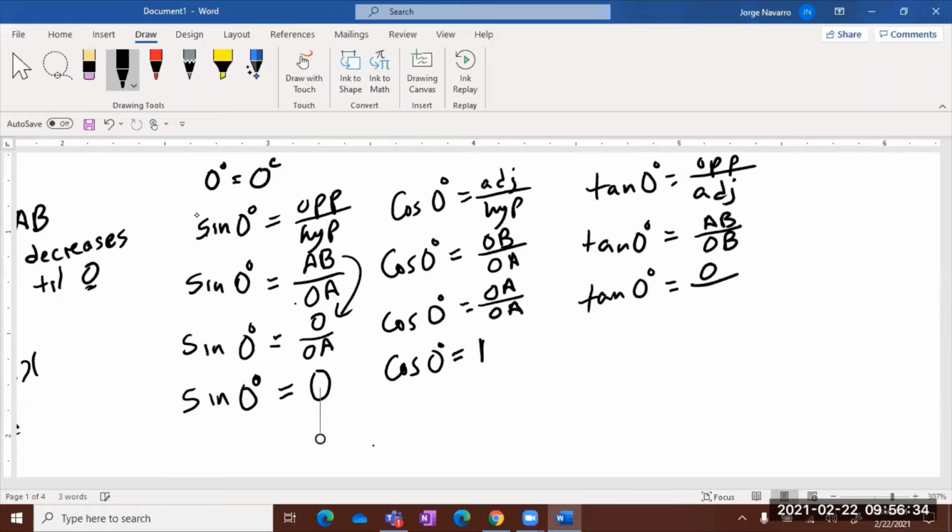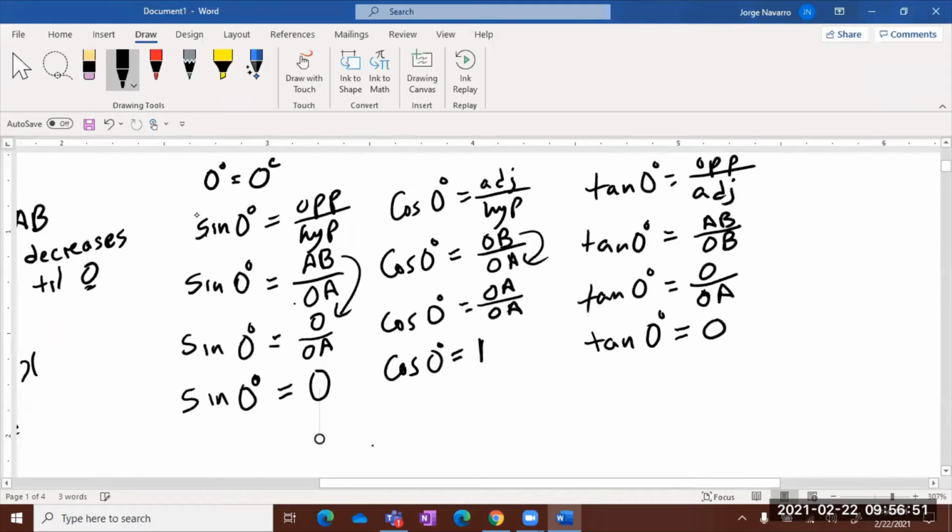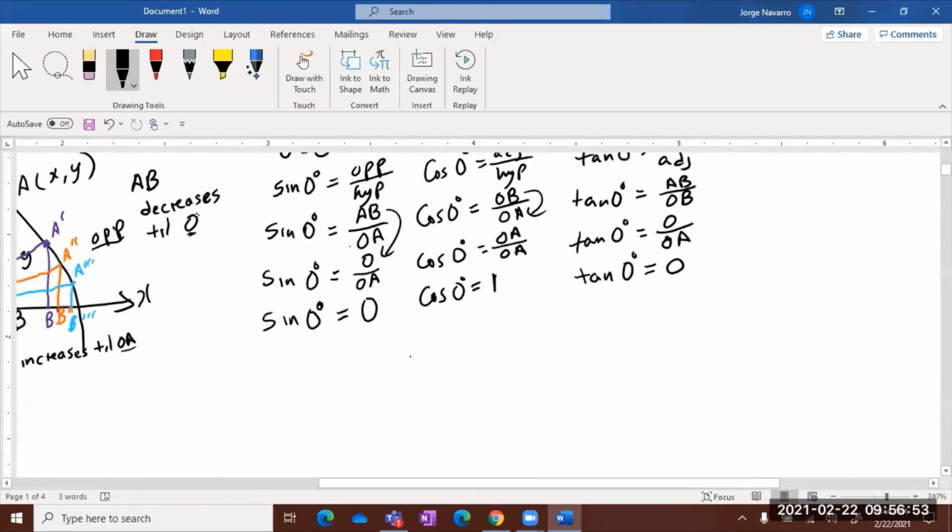So 0 over, and OB becomes OA. So that means that tangent of 0 is what? What is it? 0. Excellent. Okay, so we're getting somewhere.